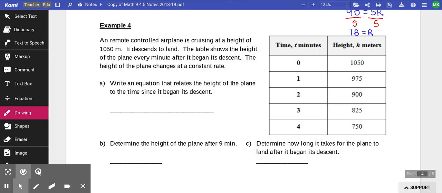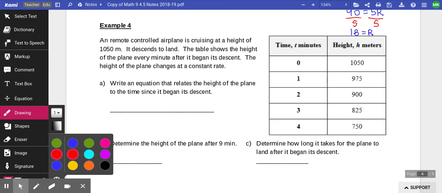What you need to do is figure out the rate at which your dependent variable is changing. So I need to figure out how I'm getting from 1,050 to 975, and that should be the same way I'm getting from 975 to 900, which should be the same way I'm getting from 900 to 825, and so on and so forth. If you don't know how they're doing that, you need to either add or subtract a value.